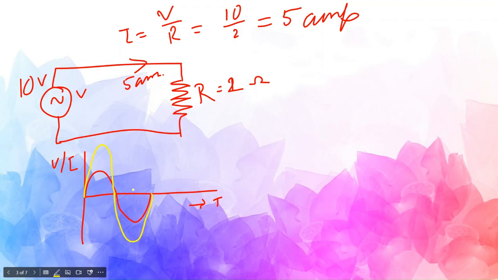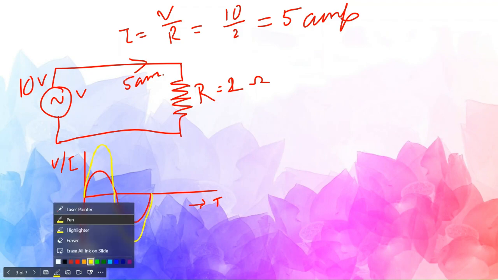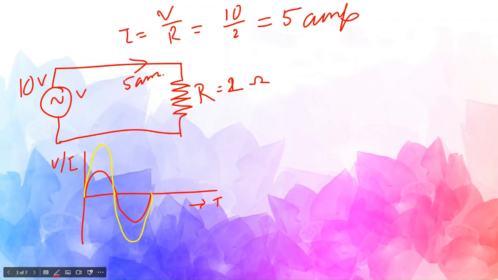Now why is it like this? Because this is 5 in this scale, and voltage is 10, so it is almost double, so this should be the voltage.